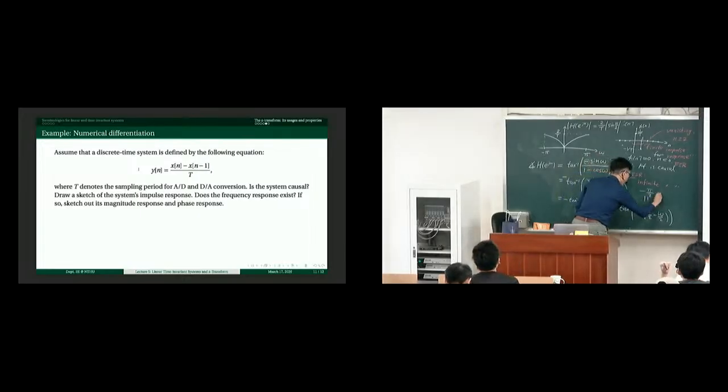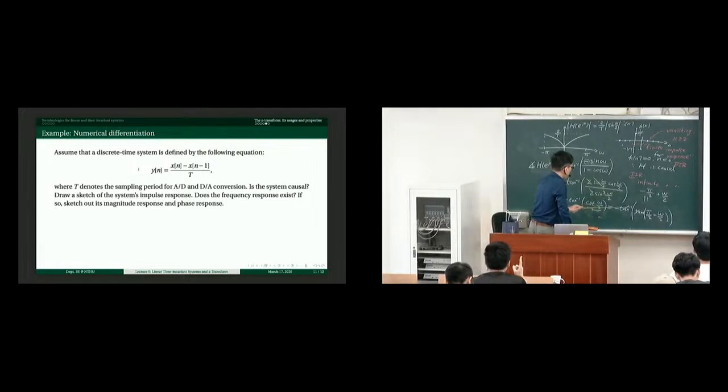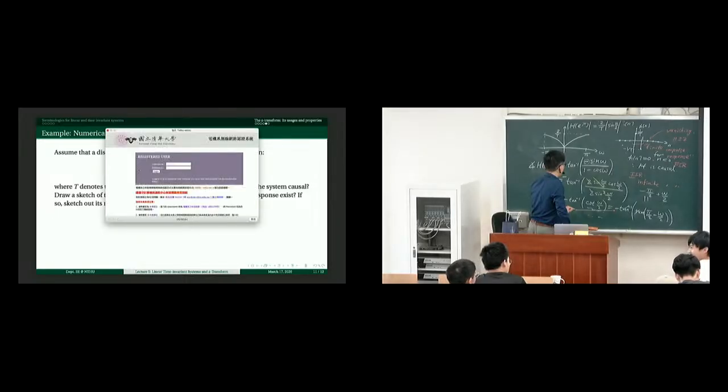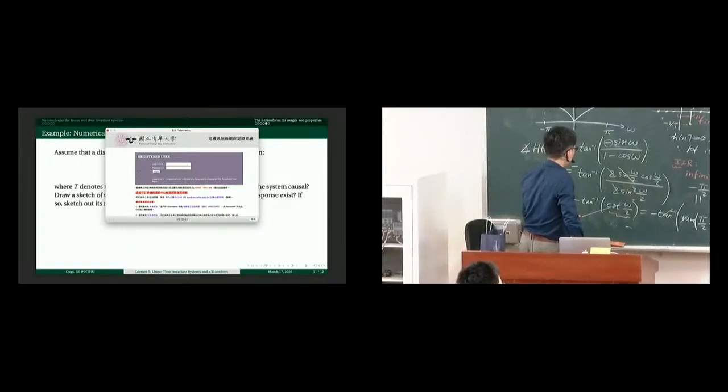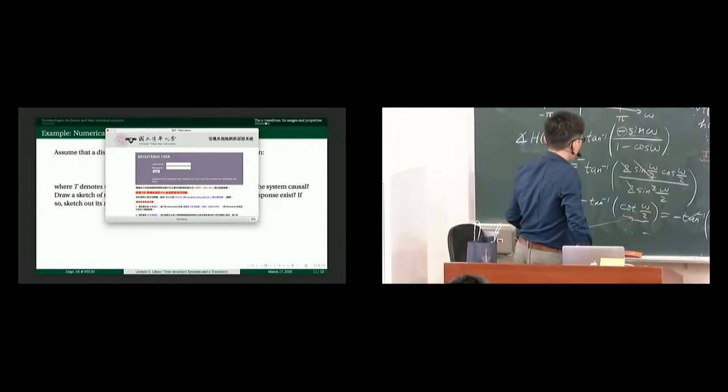Well, I'm about to write down an answer, but I don't think this is correct. Minus plus, minus sine, cosine divided by sine, cotangent.